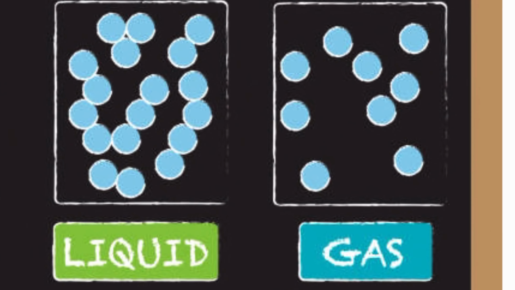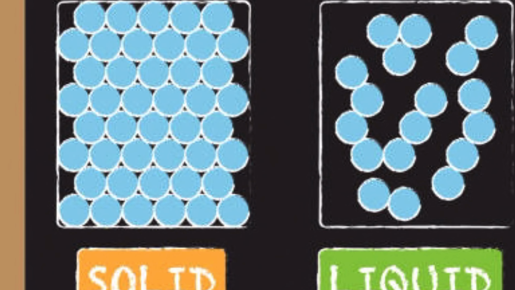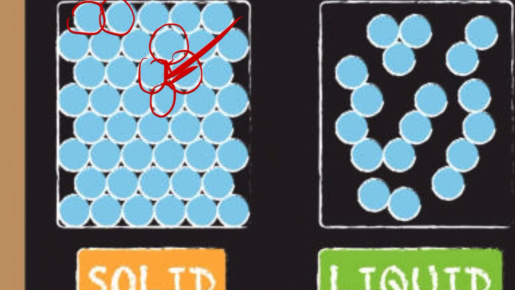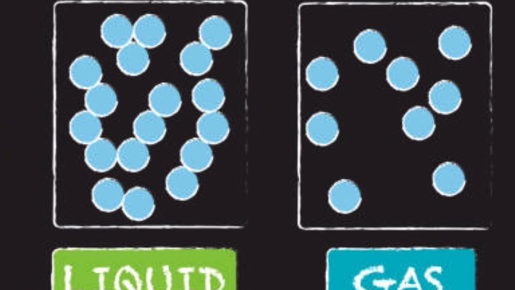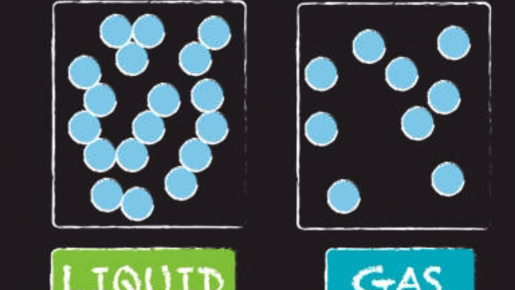If we just focus on a solid, we can see that the particles are tightly packed together. A huge characteristic of solids is that they're packed together real tight. Liquids are kind of free flowing, not packed too tight, nor completely free.